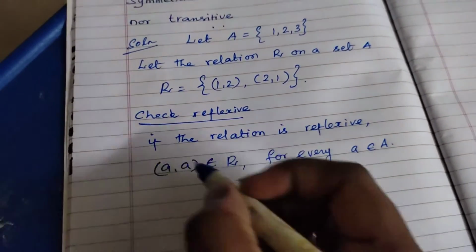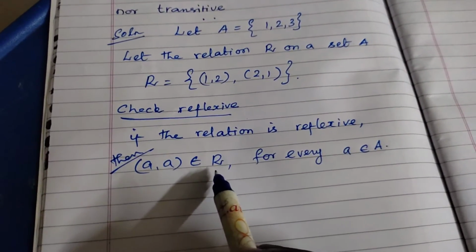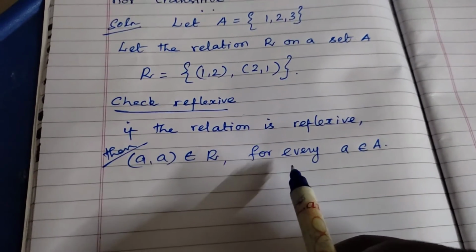If the relation is reflexive, then (a, a) belongs to R for every a belongs to the given set.